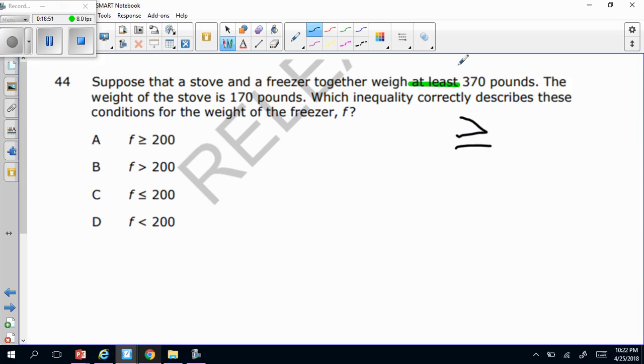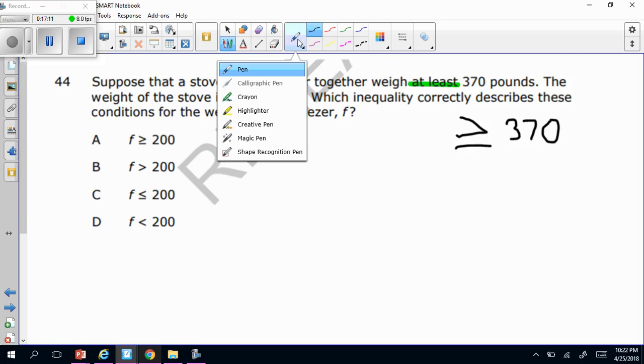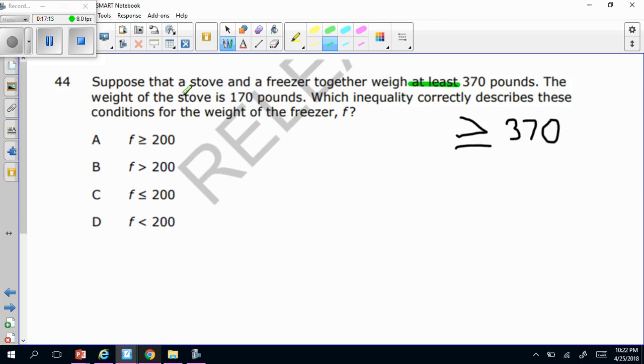Now, let's piece things together. Suppose the stove and a freezer together weigh at least 370 pounds. So 370 pounds would go over here. Now, it's telling us the stove and the freezer. We can write an inequality representing the stove and the freezer.